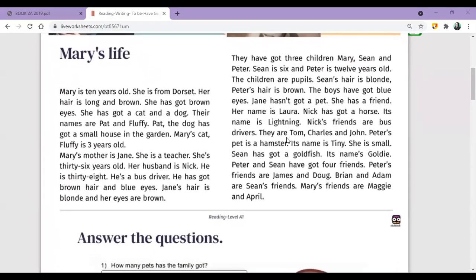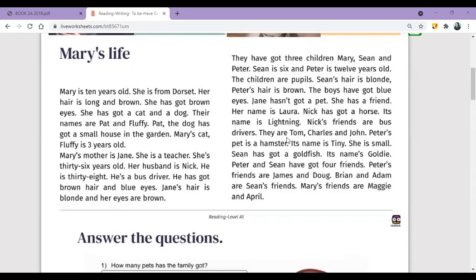Very good. It says Mary's life. Mary is 10 years old. She's from Dorset. Her hair is long and brown. She has got brown eyes. She has got a cat and a dog. Their names are Pat and Fluffy. Pat, the dog, has got a small house in the garden.